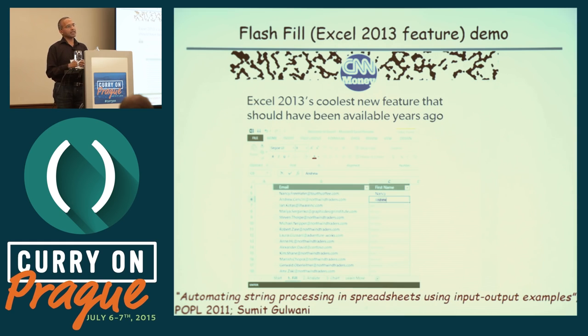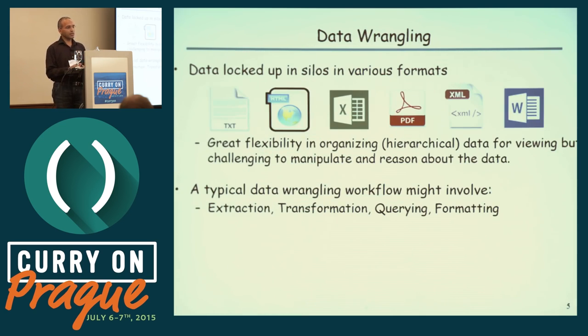And since then, we have been studying this space of data wrangling, which is the process that is used to transform data from a semi-structured format to something more structured. So it turns out that data is locked up inside various kinds of formats such as text files, log files, web pages, PDF documents, XML formats. So all these documents make it easy to visualize the data, but they don't make it easy to manipulate and analyze this data.